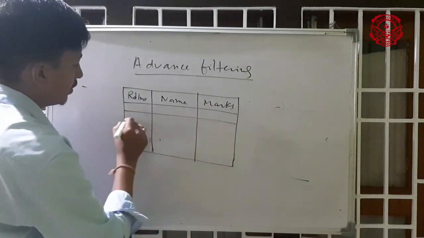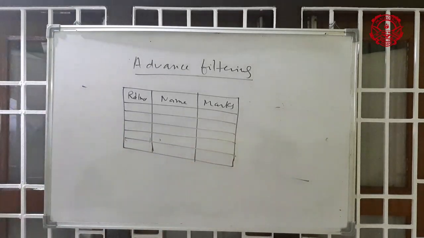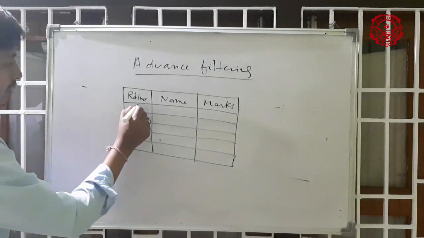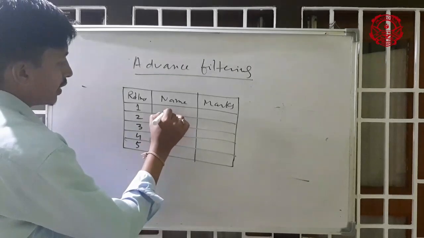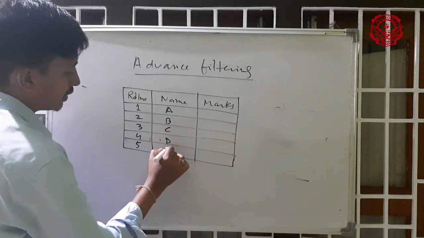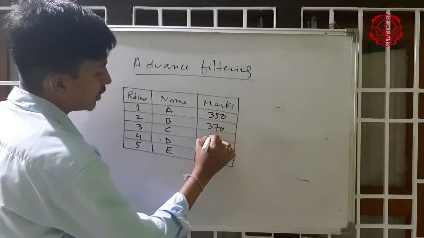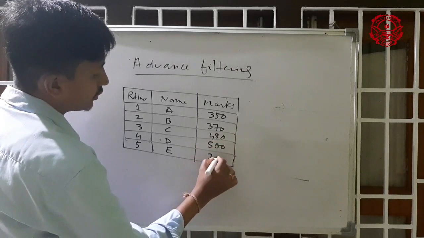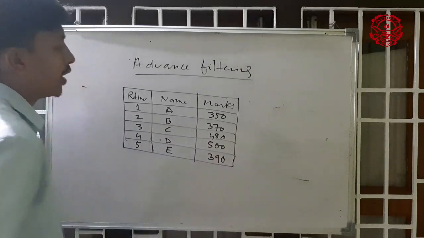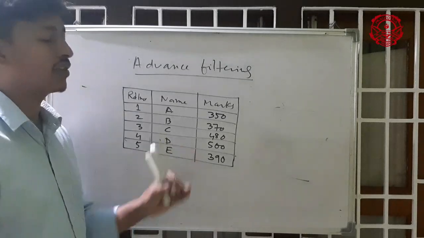Roll numbers 1, 2, 3, 4 and 5. Names say A, B, C, D, E. Marks 350, 370, 480, 500 and 390. Now in advanced filtering, you can filter this record in an advanced way.